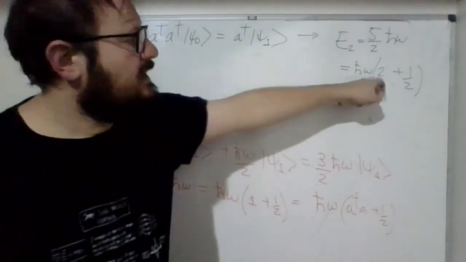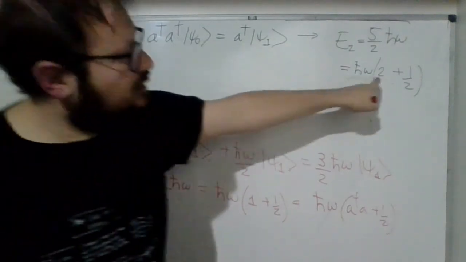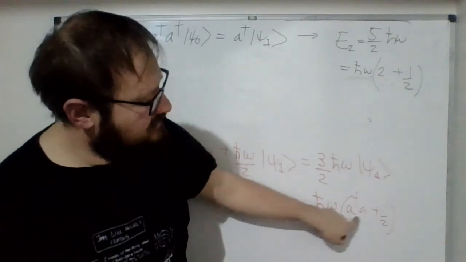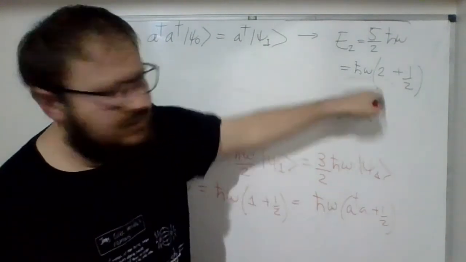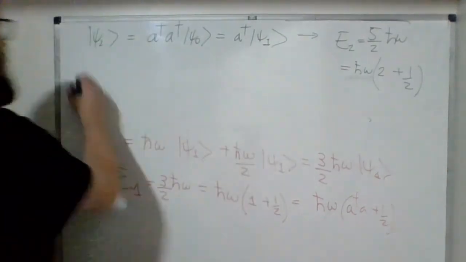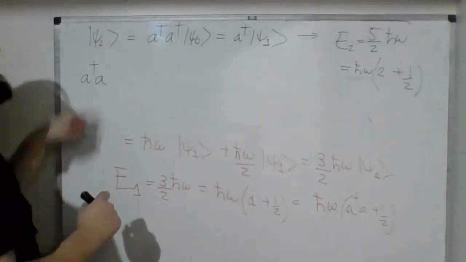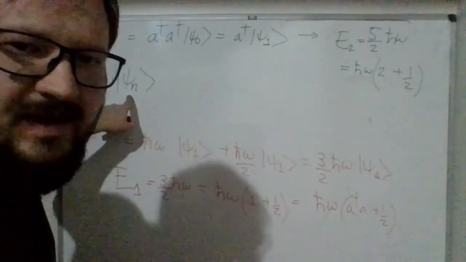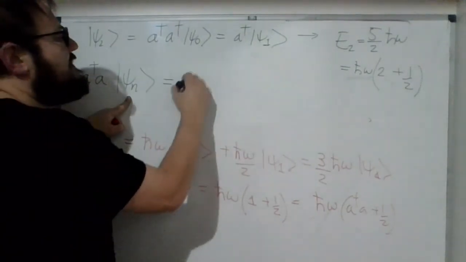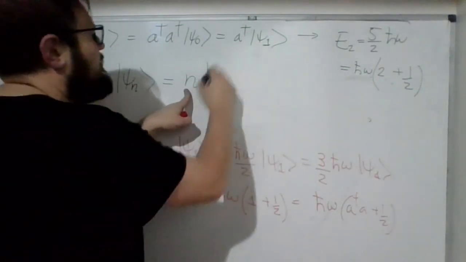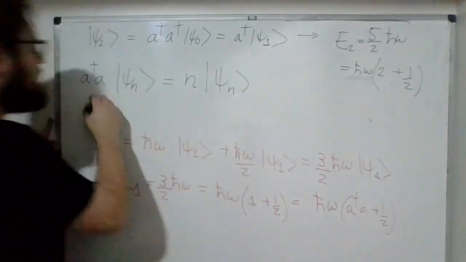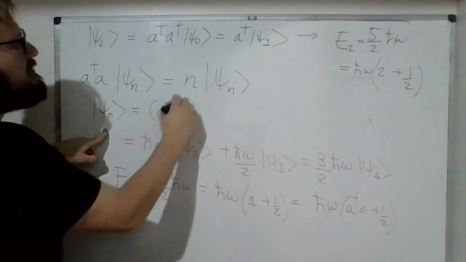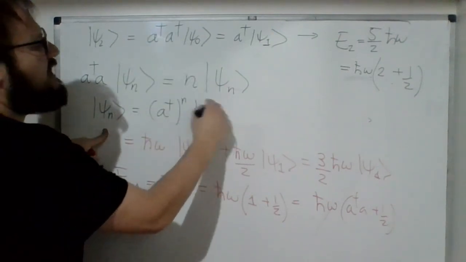So notice this psi 2 state corresponds to the vacuum energy plus the eigenvalue of this operator, which is 2. So a dagger a operating on states which I'll call psi of n, some subindex n, will produce an integer n times that state. And that state, psi subindex n, corresponds to application n times to the vacuum state.